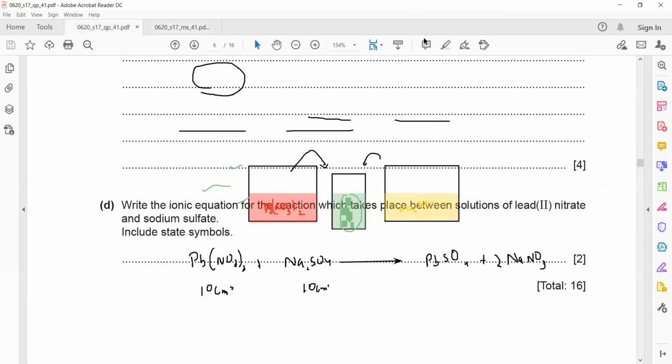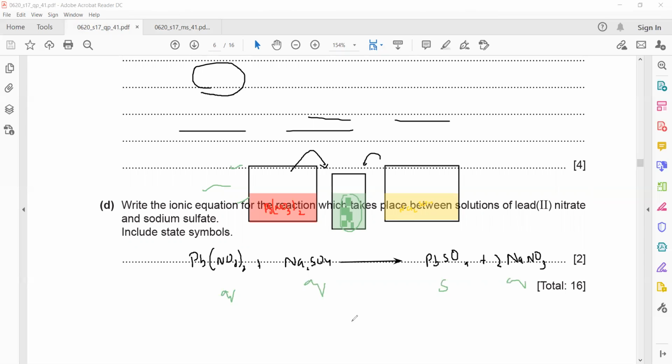Then write an ionic equation for this. So how can we write an ionic equation? All nitrates are soluble, and it is obvious we mix two solutions, so this will be aqueous, aqueous, solid, aqueous. We cancel out the common ions. First we write solid, liquid, and gas.